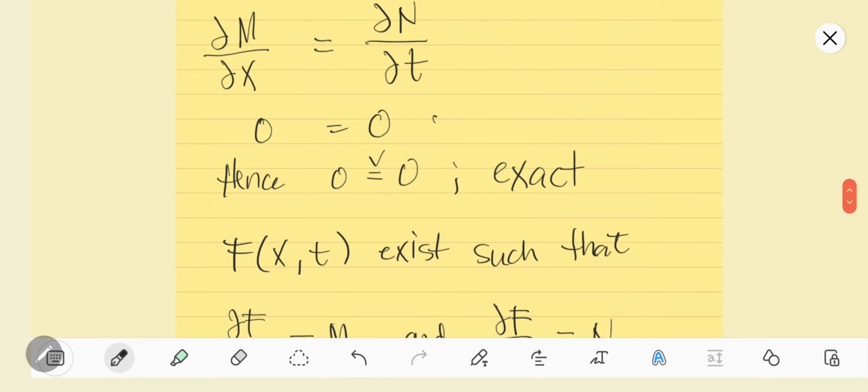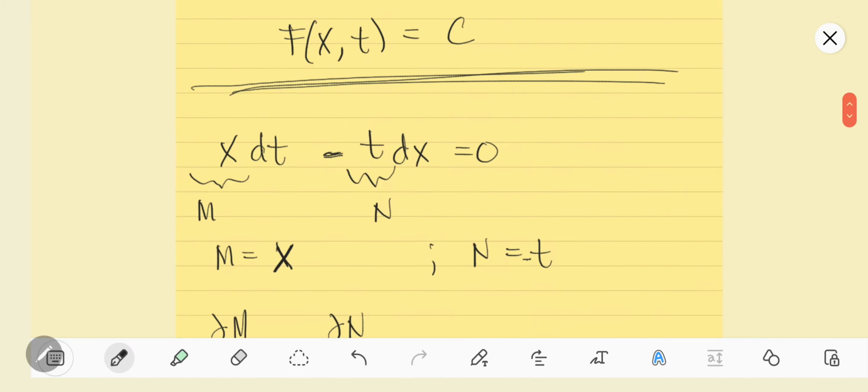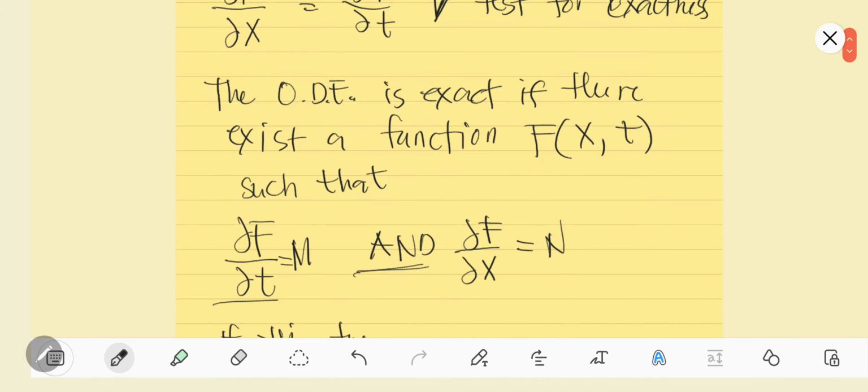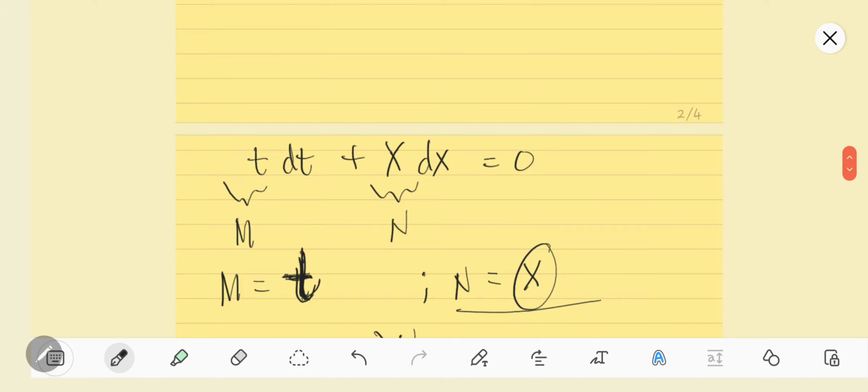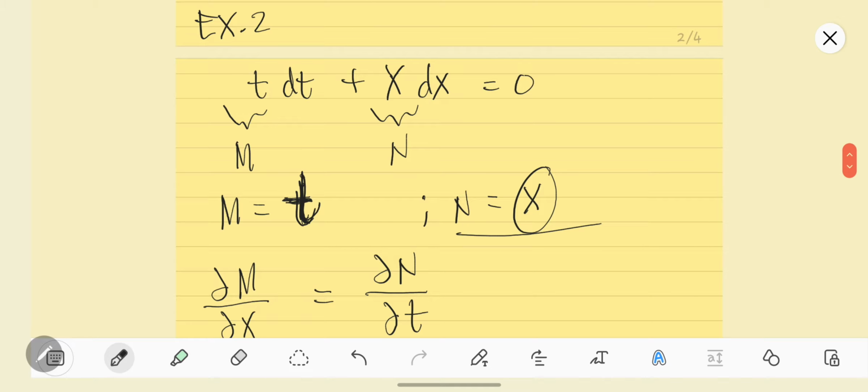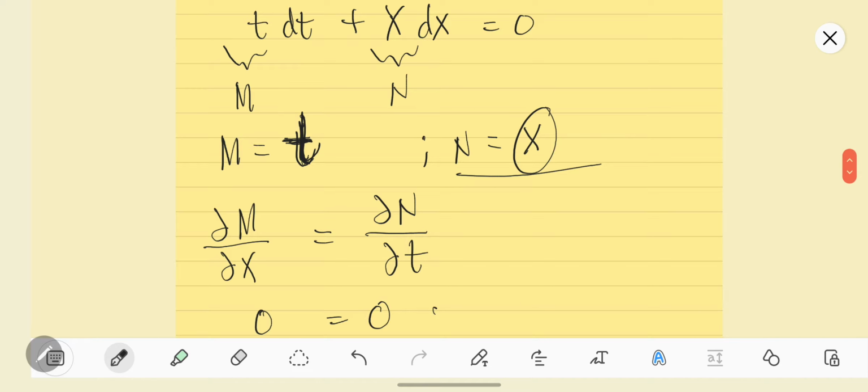So let's recap. This is example 1: t dt plus x dx is equal to 0. We know that the coefficient of dt is m, so m is equal to t, and our n is equal to x.